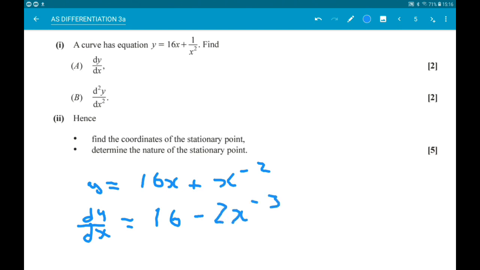Now we can write that as 16 minus 2 over x cubed.